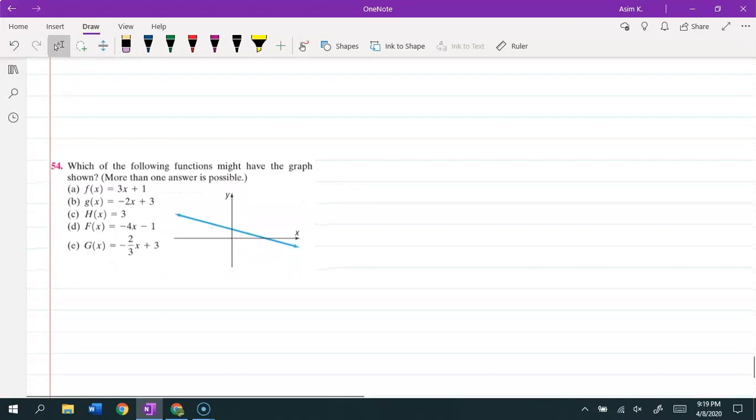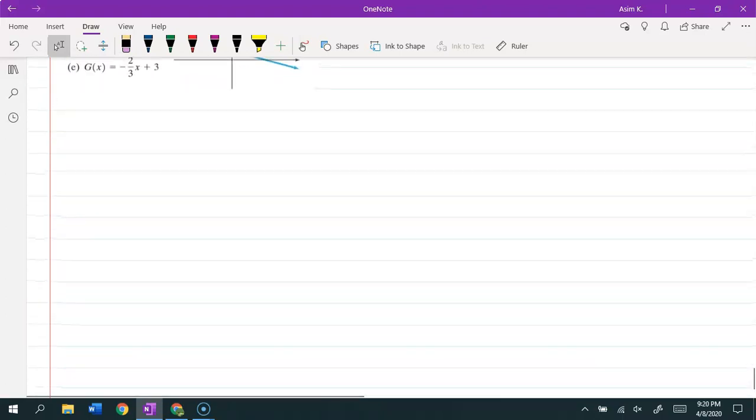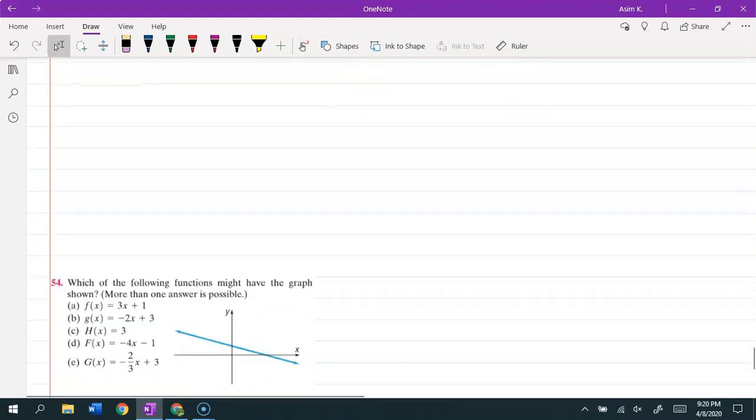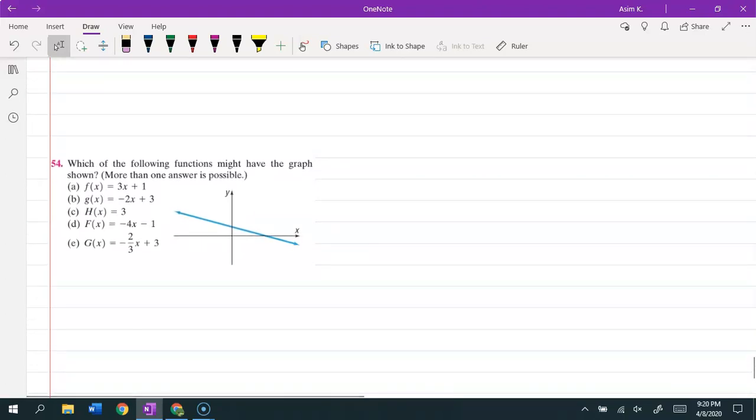All right, and we're finally down to the last section here of this incredibly long lesson, number 54. Believe it or not, if we had done entire lesson 7 together, it would have been a 2-hour lesson, right? So number 54 says, which of these following functions might have the graph shown? All right, and notice how this exercise is so similar to one that we've already done, right?